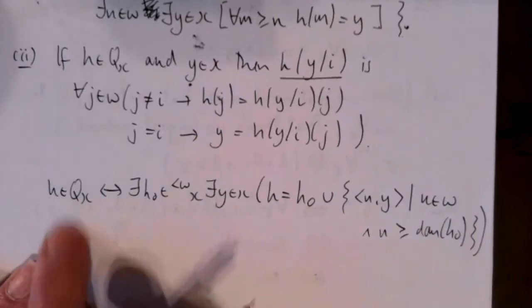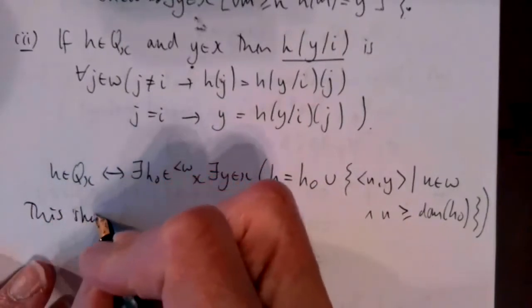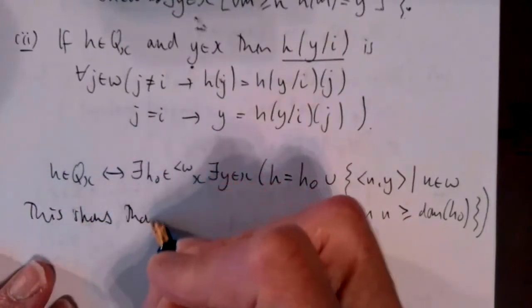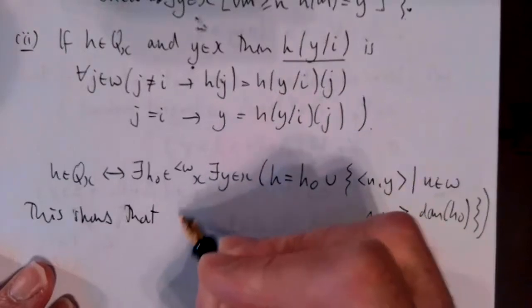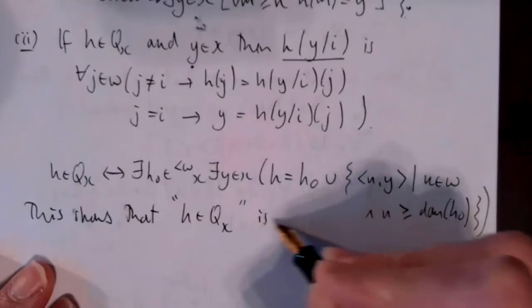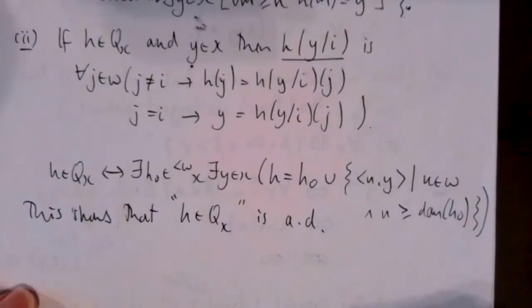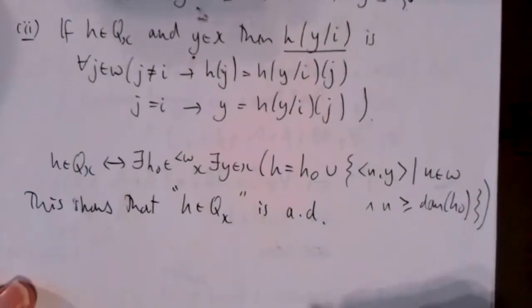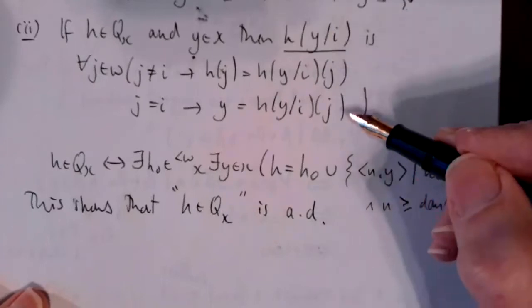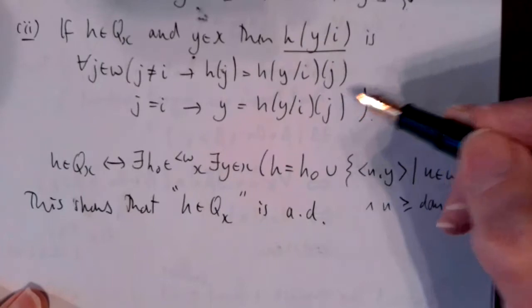So the idea is that this is definite. This shows that h in Qx is absolutely definite. So we have here also something that's a definite relationship between h and i and y.